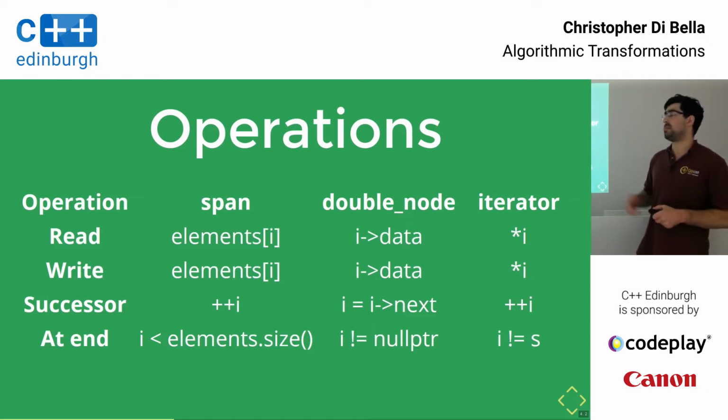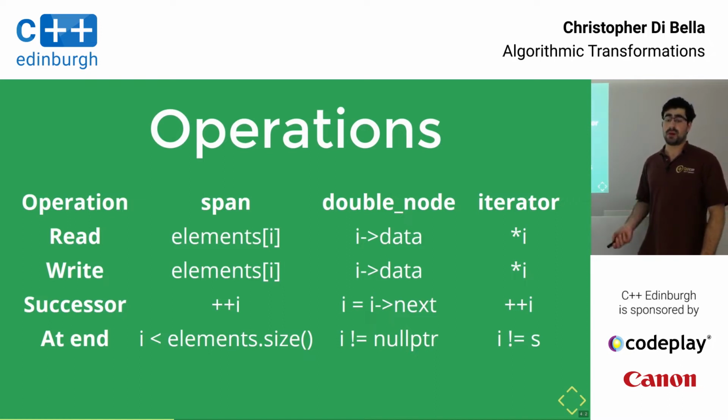So this table demonstrates what the differences are between a span, a linked list, and how an iterator addresses this problem. So with span, we have an index, and that index is used for reading and writing through a subscript operator. And for linked lists, we have a pointer to a node where we dereference the iterator and take its data. And for an iterator, we are just simply dereferencing it.